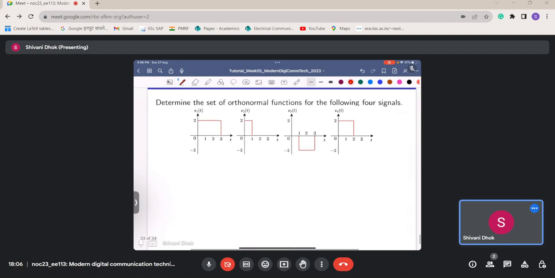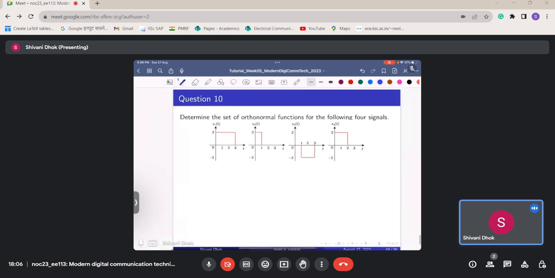So what do we need to do? We need to determine the set of orthonormal functions for the following four signals. So similar to our vector case, we'll be using the Gram Schmidt procedure.